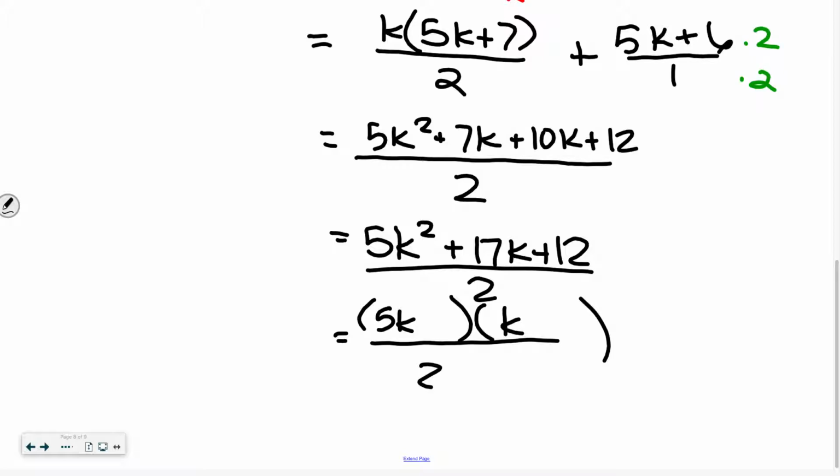To get 5k squared, it must be a 5k and a k. I got to multiply to make 12 in the back, but then my middle terms have to add to make 17. So with this 5 right here, I could use a 1 and a 12. 5k plus 12k makes 17k.